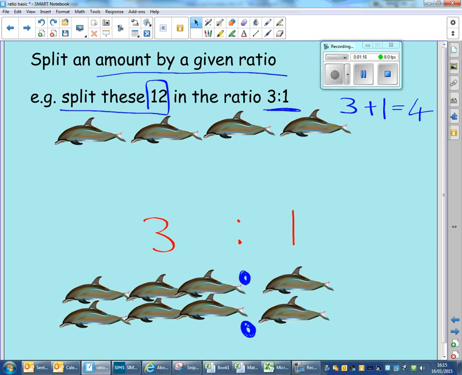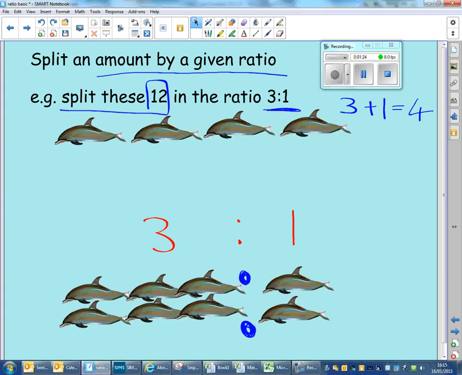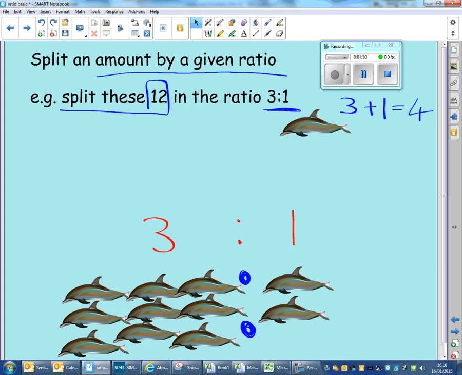And then lastly, I've got this group just here, and I'm going to split this group of 4 into the ratio 3:1. 1, 2, and 3 to 1.